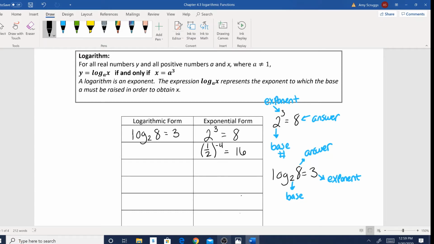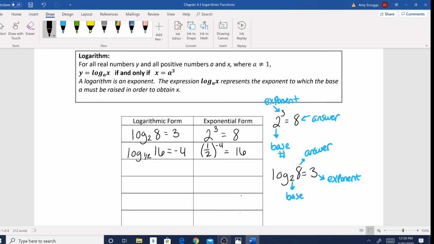Even if it has fractions and negatives, it doesn't make a bit of difference, because we're just going to rewrite it in logarithmic form using the base, the exponent, and the answer. So this would be log of the base, which is 1/2, then you put the answer, which was 16, is equal to the exponent.